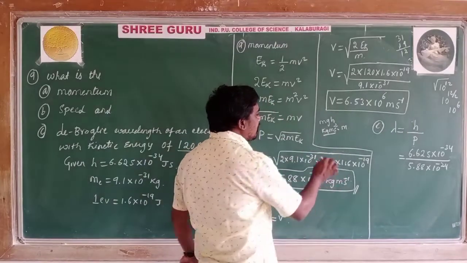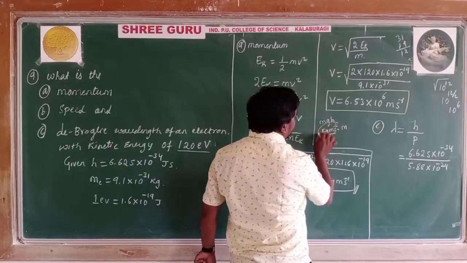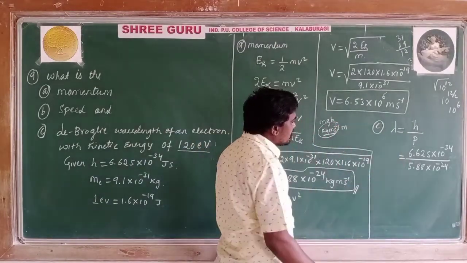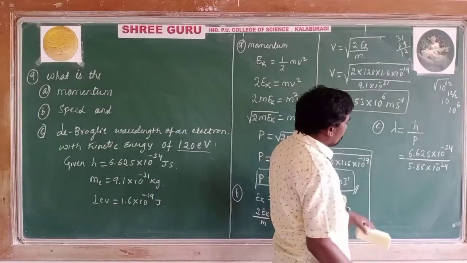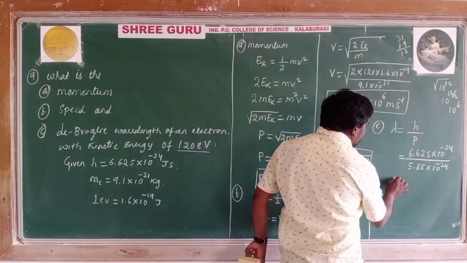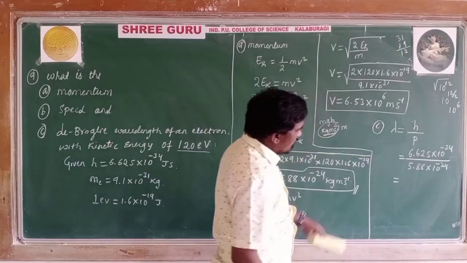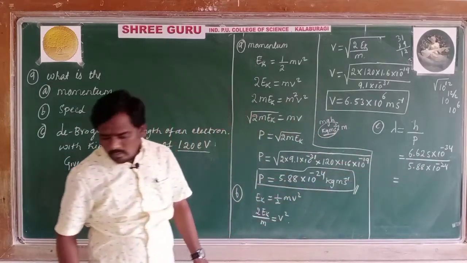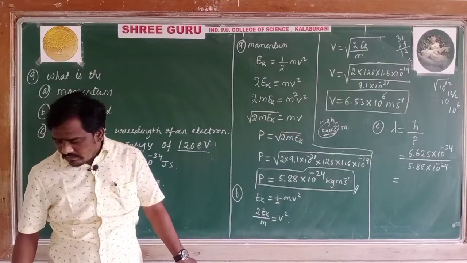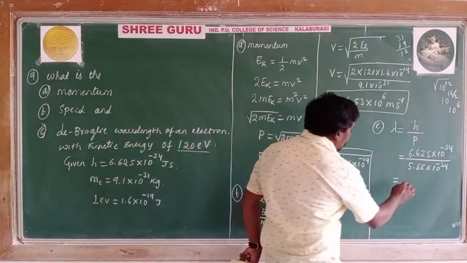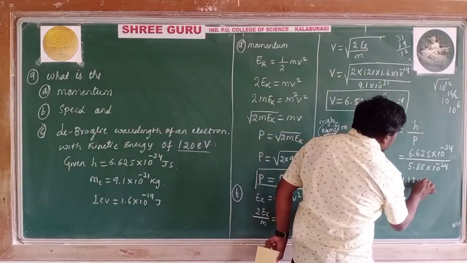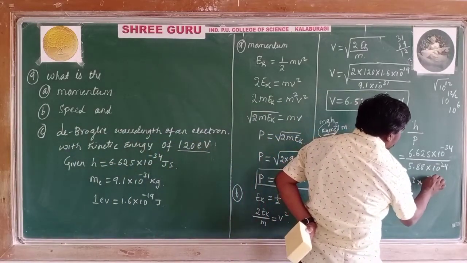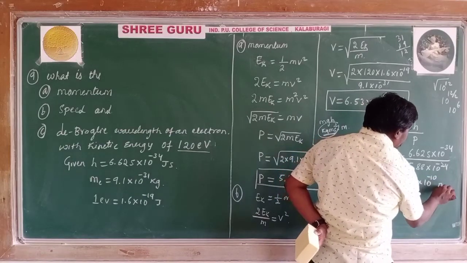Like this we should convert. This is the cancellation process. Or if you want to write clearly, the division gives 1.13 into 10 raised to minus 10 meter.